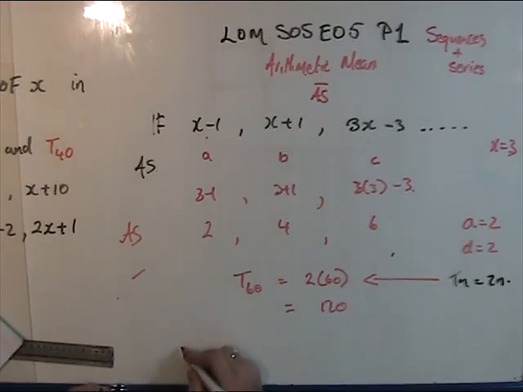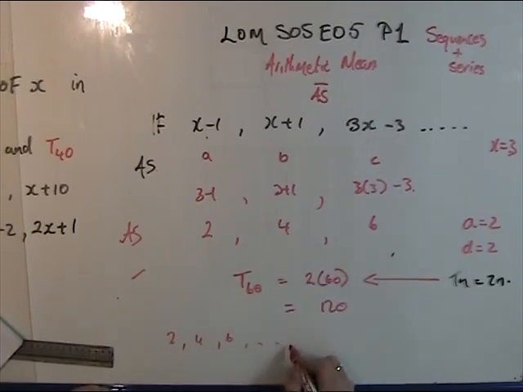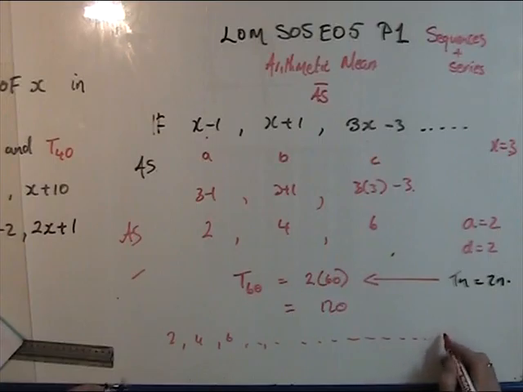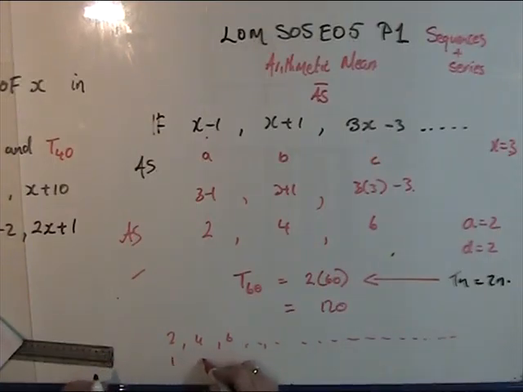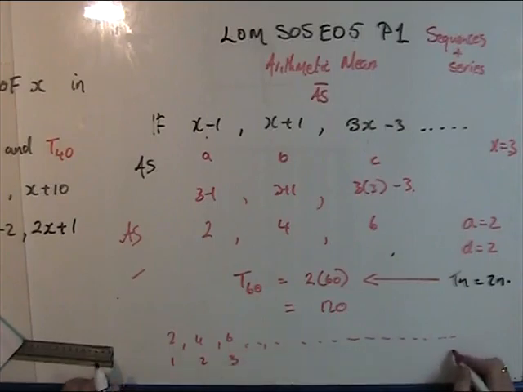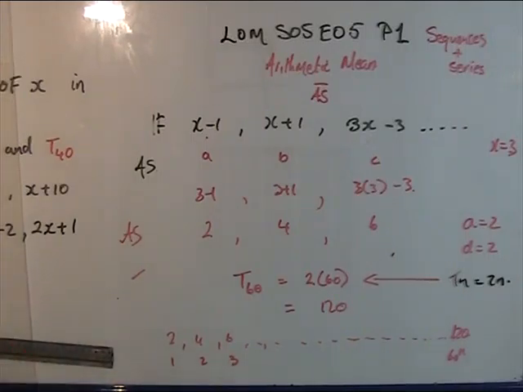So that means 2, 4, 6, and then all the way along up to the 60th term. This is the first term, the second term, the third term, up to the 60th term. It's going to be 120. Hope that makes some sense to you.